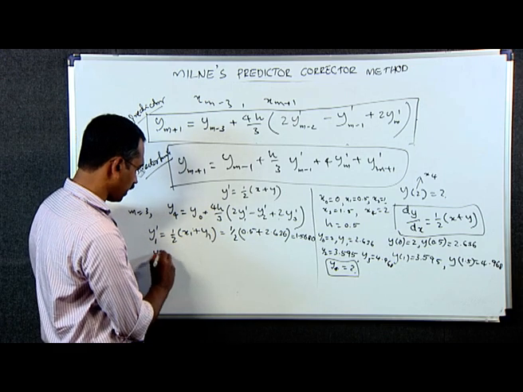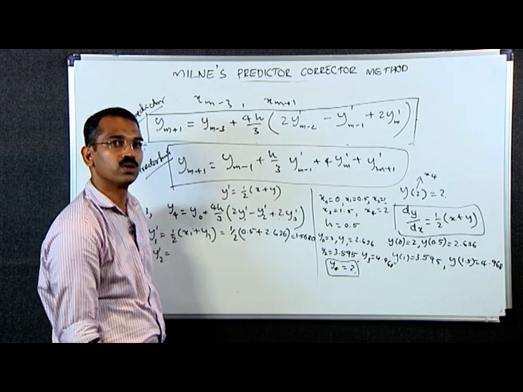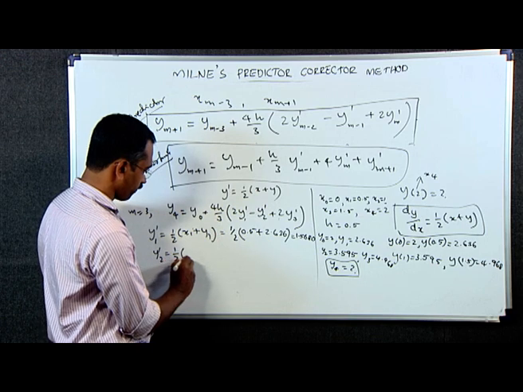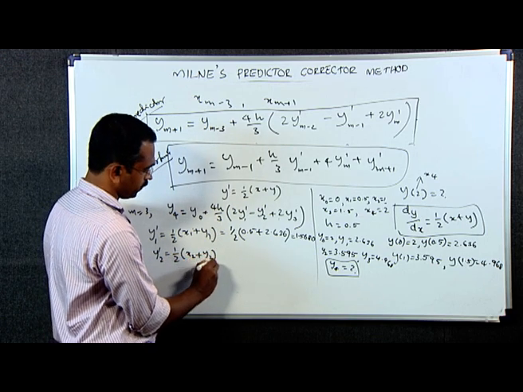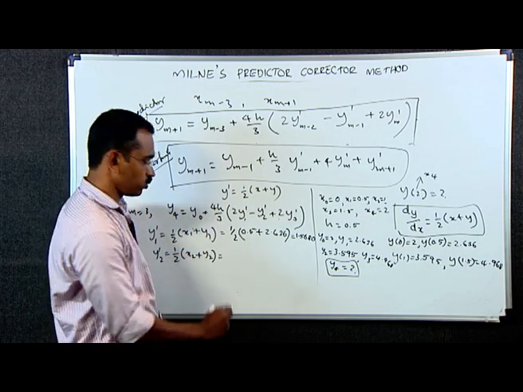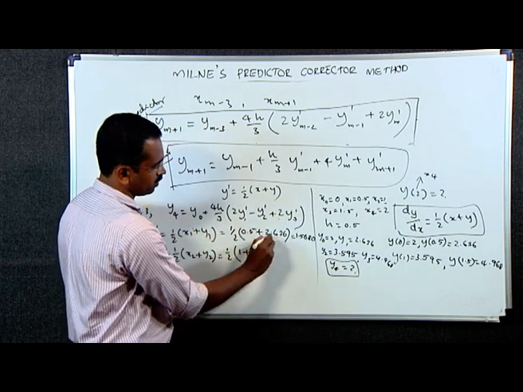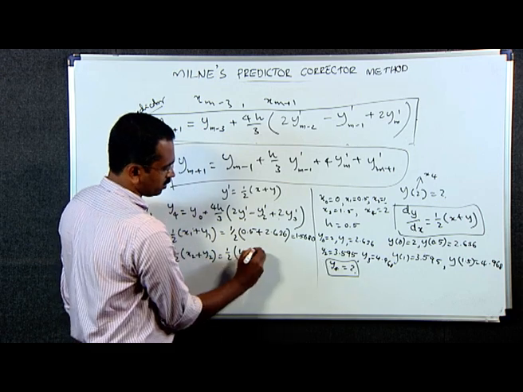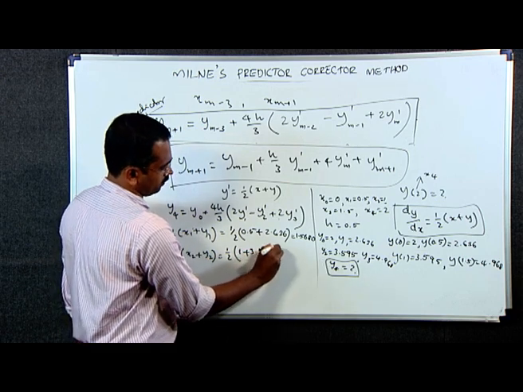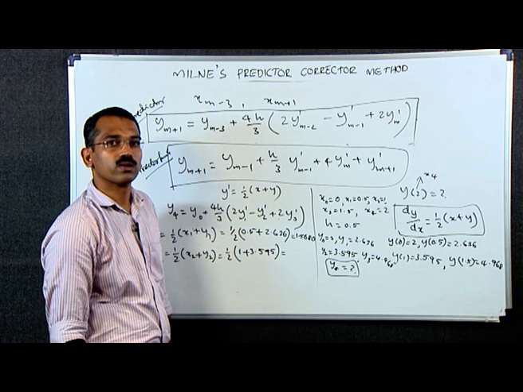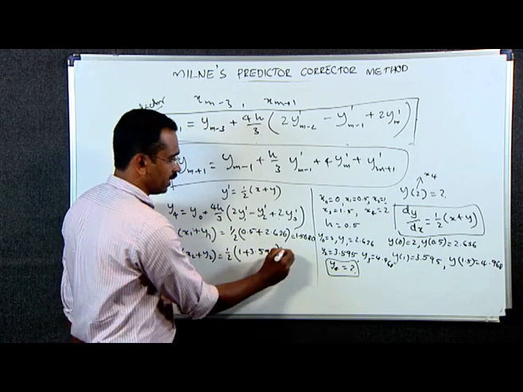Similarly, y2 dash is equal to 1 by 2 into (x2 plus y2), that is 1 by 2 into (1 plus 3.595), which is 2.2975.